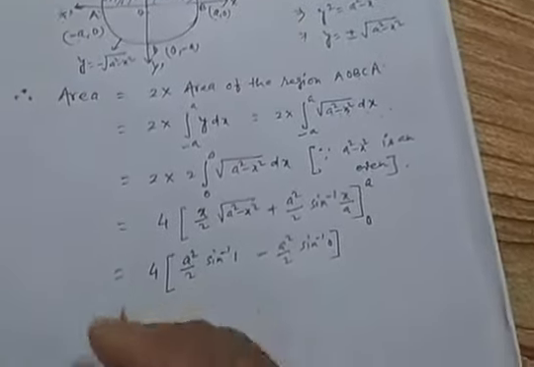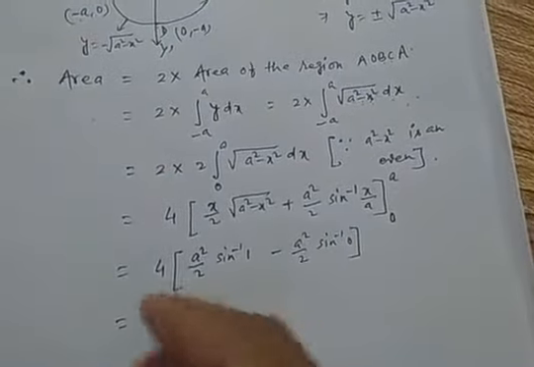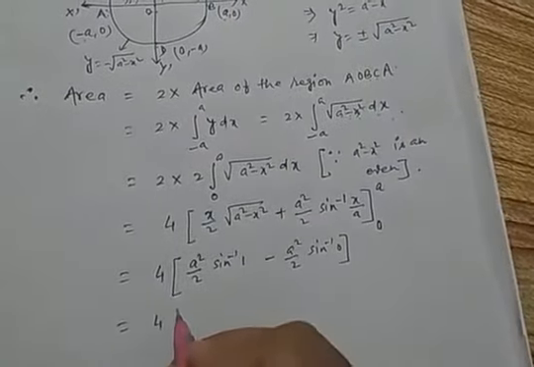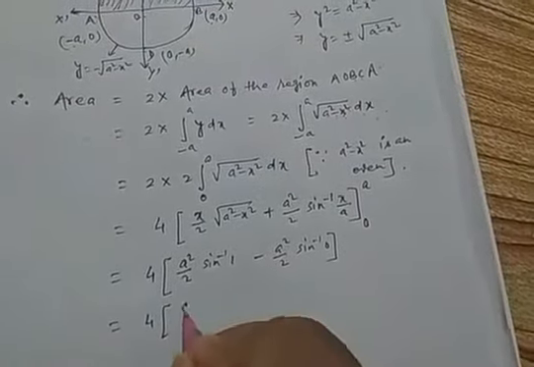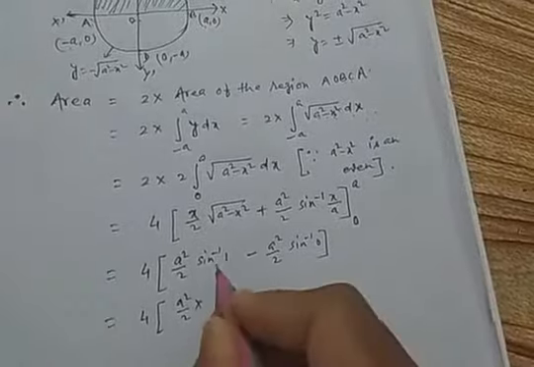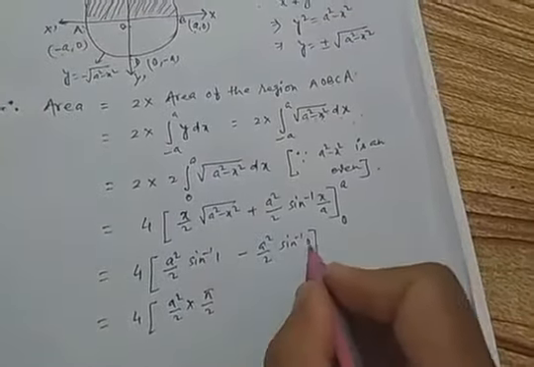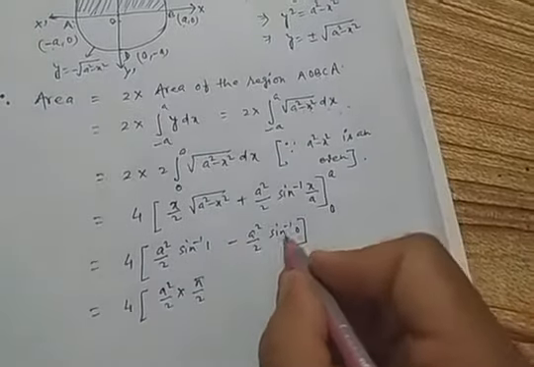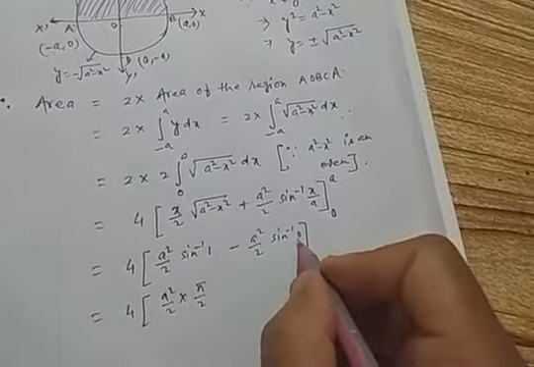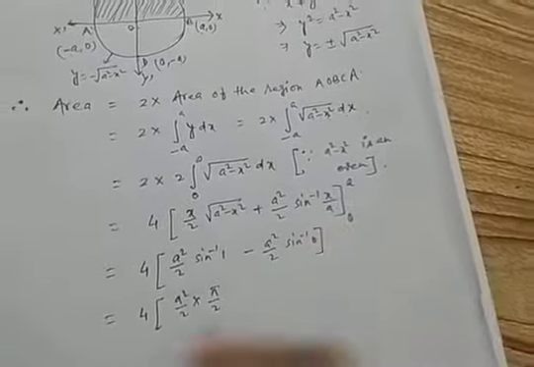Now equal to 4 into a square by 2 into the value of sin inverse 1, which is pi by 2, and sin inverse 0 is equal to 0 here, so this part will be 0.